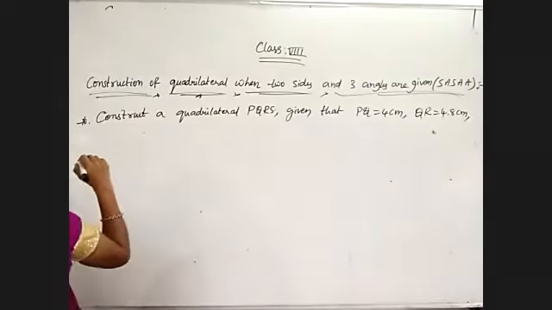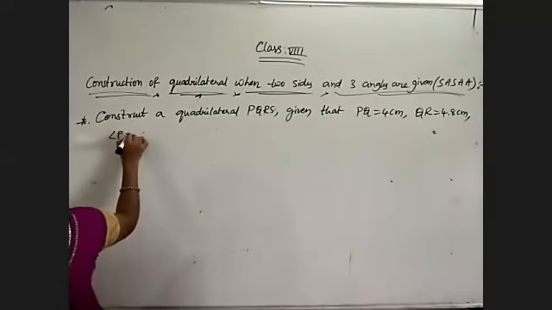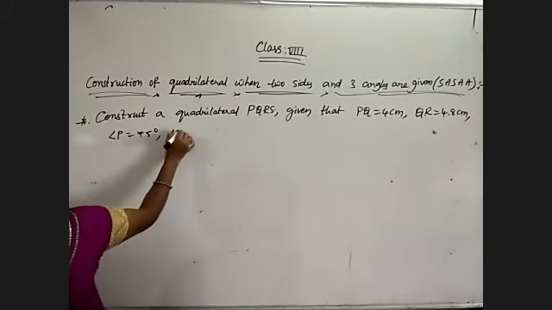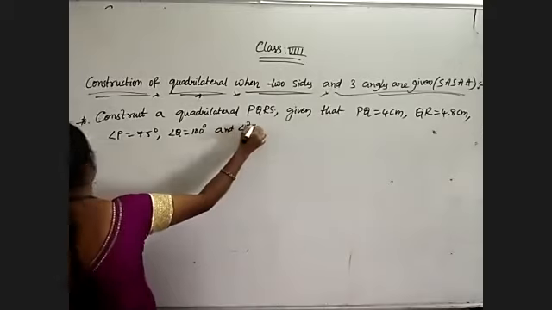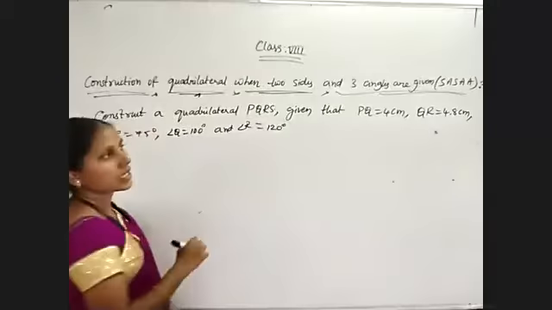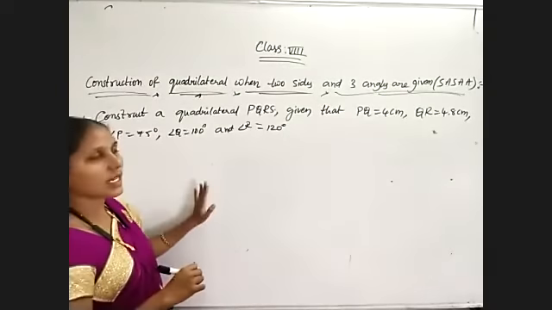Two sides are given, and angle P is equal to 75 degrees, angle Q is equal to 100 degrees, and angle R is equal to 120 degrees. These are three angles and two sides. So this is a very easy example.